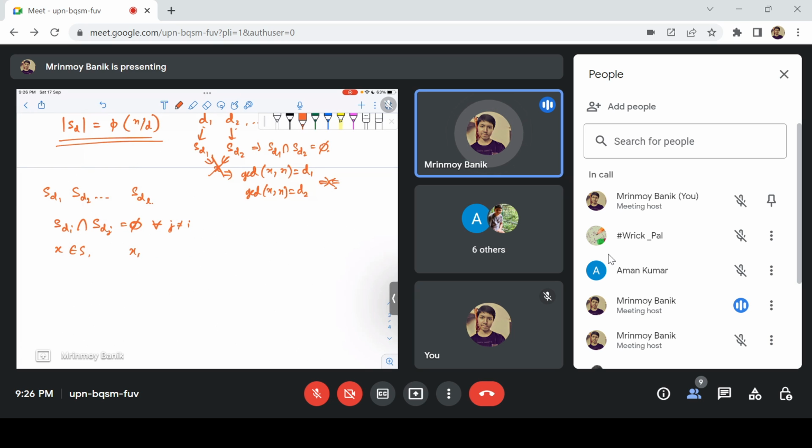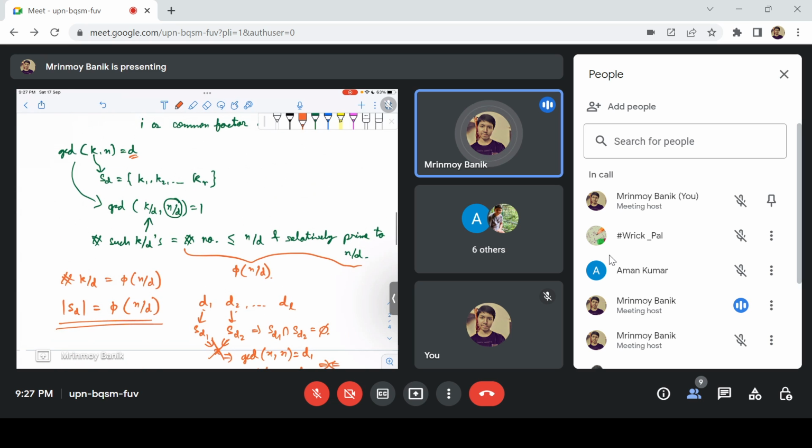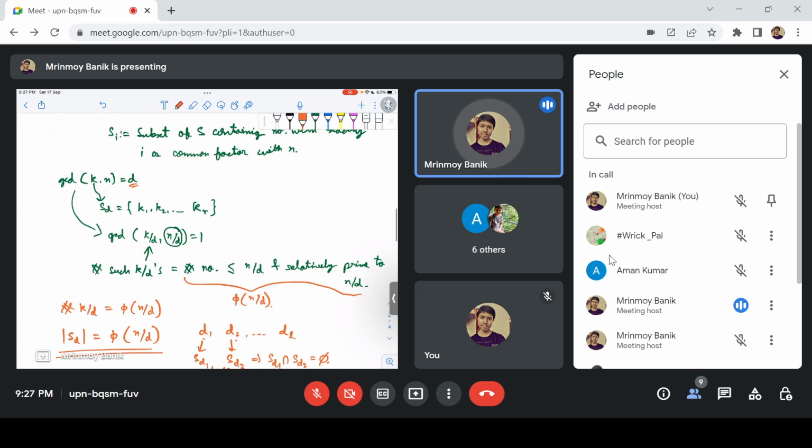And you see you can take a GCD of x and n, GCD of x and n. I defined S_d as all those numbers which have GCD of exactly d with n.